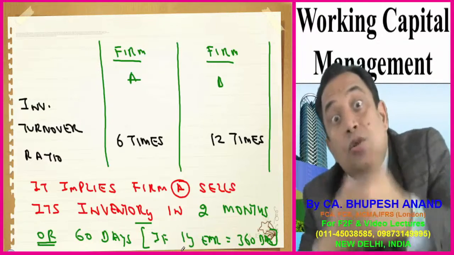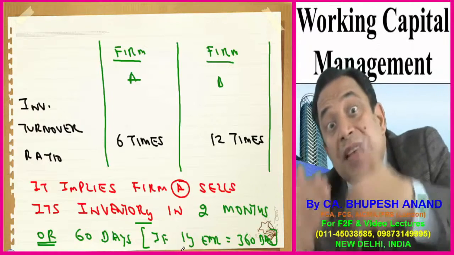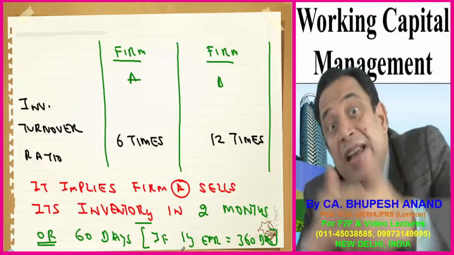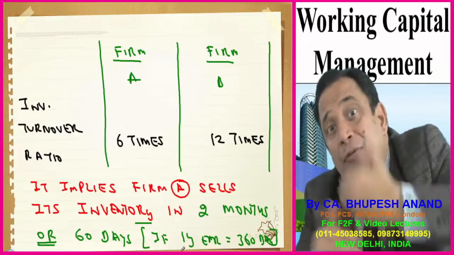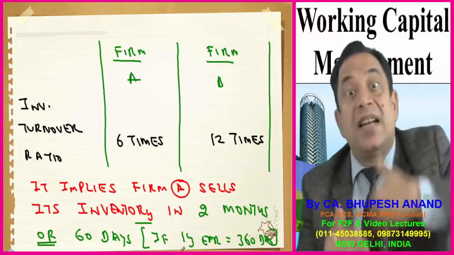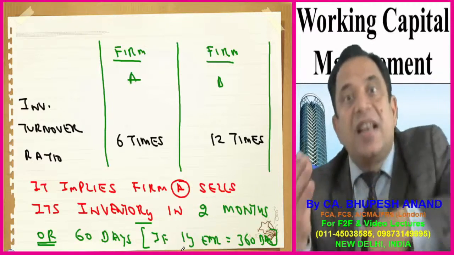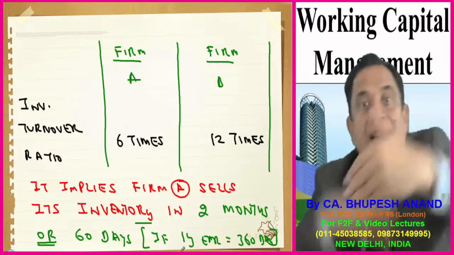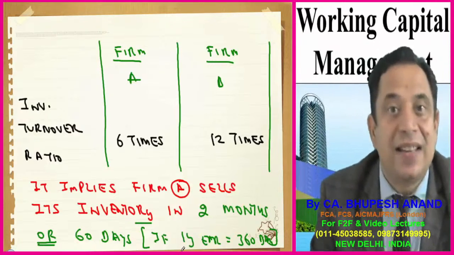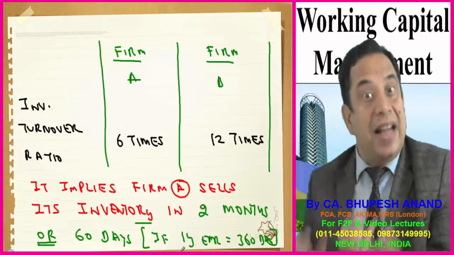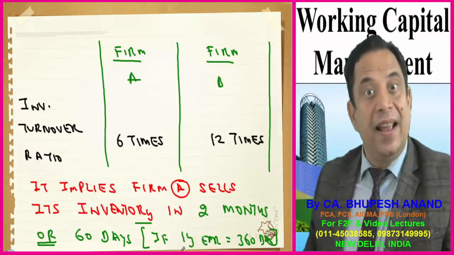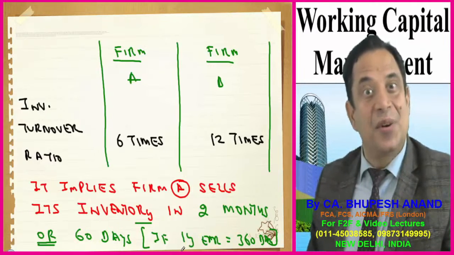This transaction happens 12 times in a year. It means every gap of 1 month, or 30 days, or 4 weeks, they are converting their inventory and again selling it, again buying it. I can say that the popularity of the product of firm B is quite higher as compared to firm A. Hence, the higher the inventory ratio, the better it is.